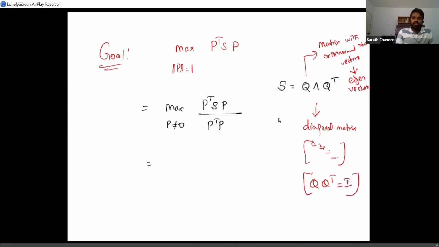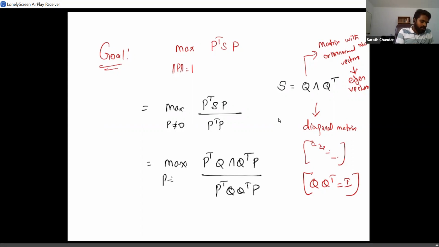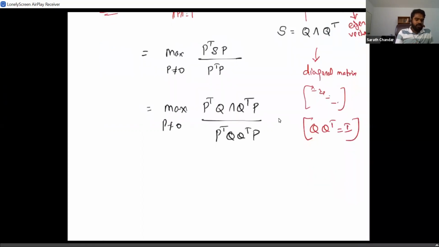We are going to use these two pieces of information in our solution. So I'm going to replace this as max P transpose Q lambda Q transpose P divided by P transpose Q Q transpose P, because Q Q transpose is an identity matrix, similar to 1, such that P is not equal to 0.